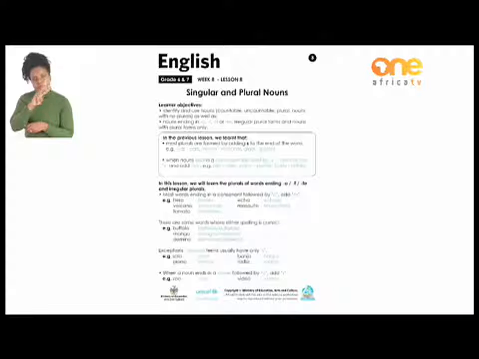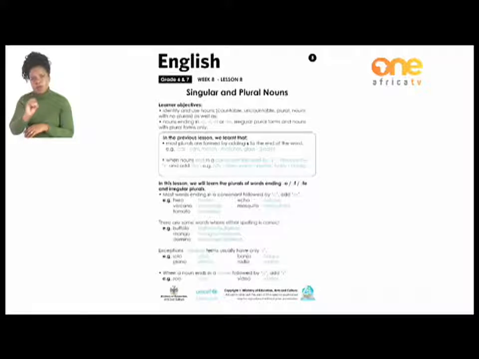In other words, you can only add an S or you add ES. For example, buffalo, it's buffalos with an S or buffaloes with ES. Mango, mangos or mangoes. Domino, dominos or dominoes.